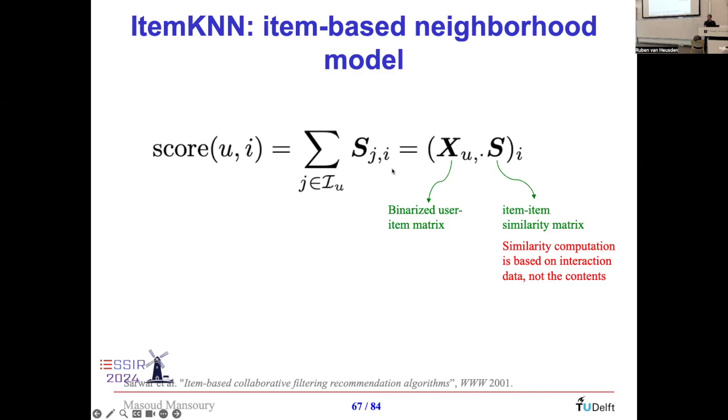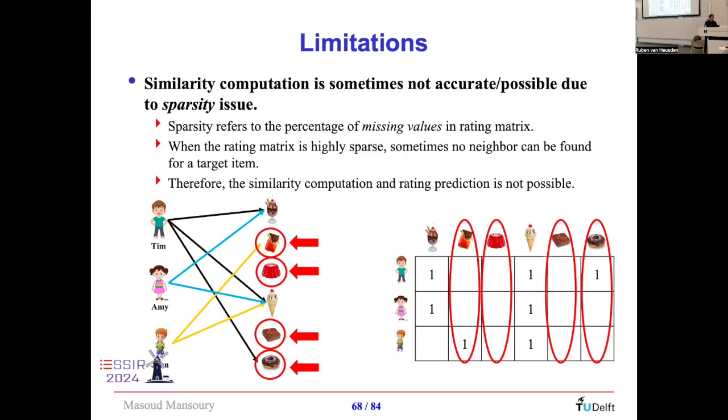So it's simple. Everything, like X here, is known; it is our interaction data. But the problem is this similarity matrix. Deriving this similarity matrix is a problem. The first problem, as we discussed in the previous slide, is that in certain cases, if the sparsity is high in the input data, the similarity computation would be inaccurate, or in some cases impossible.